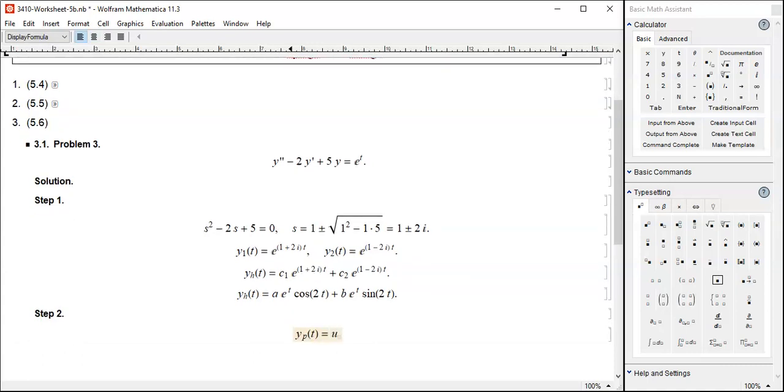You want u1 y1 plus u2 y2, which is u1(t) times this one plus u2 times the other.